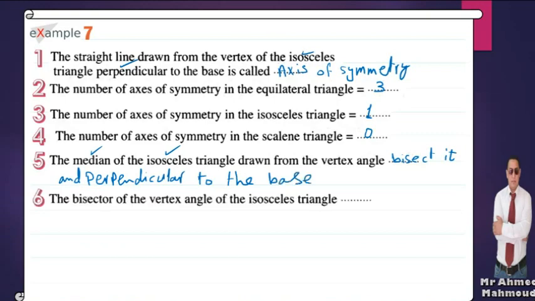Number 6, the bisector, this is the first required, of the vertex angle of an isosceles triangle. It does what? It bisects the base and is perpendicular to it.